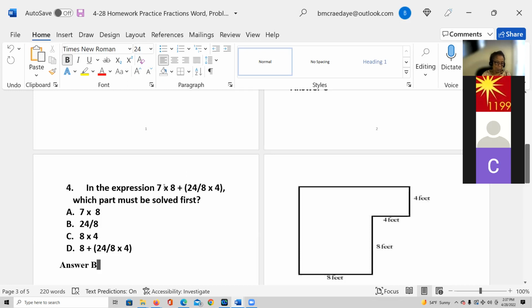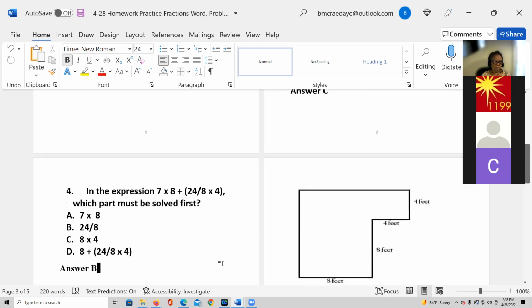So it's 56 plus 12, which will give you 68. That would be your answer. So the order: parentheses, but within the parentheses, the division first, then the multiplication. That would take care of the parentheses, then the multiplication 7 times 8, and then the addition. So you really have 4 steps, okay? Question number 4.